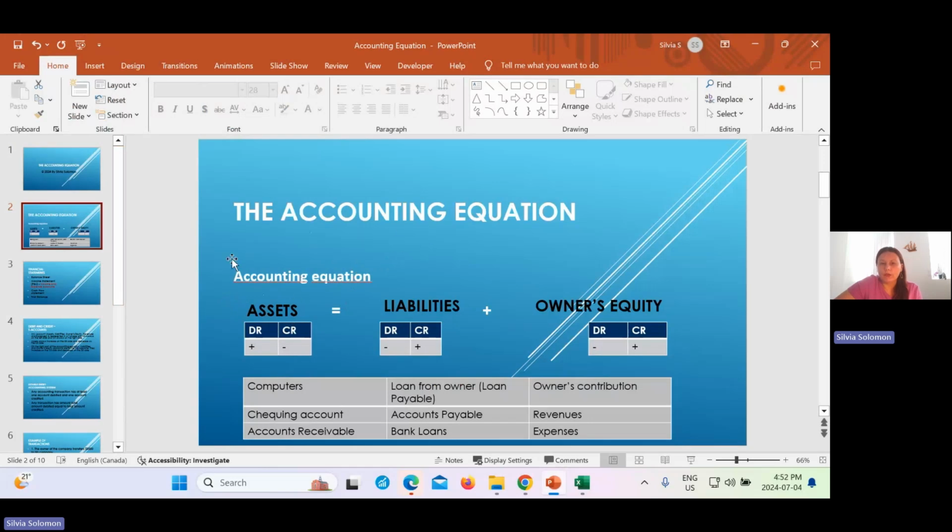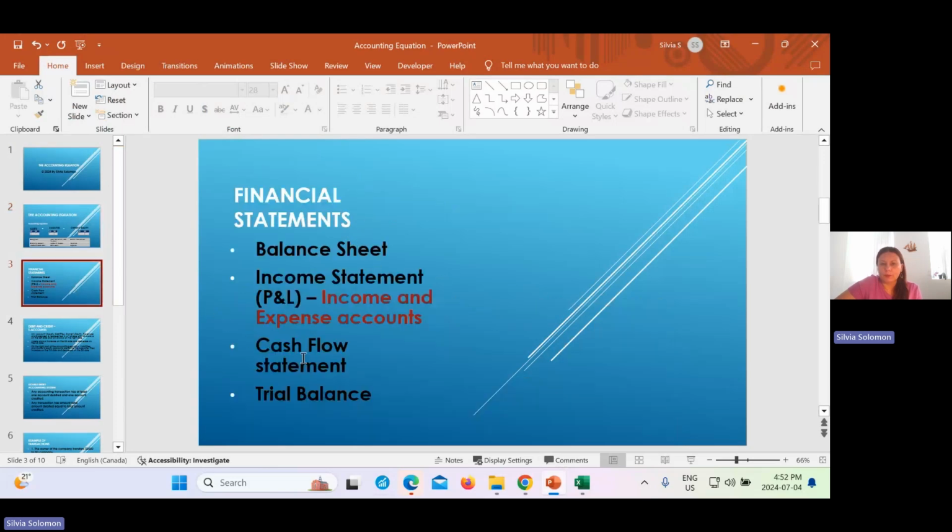But before I even start to explain this, I want to remind you about the financial statements. We spoke last time about some financial statements that are mandatory to issue at the end of the month, at the end of the fiscal year, or any time the management wants to see them.